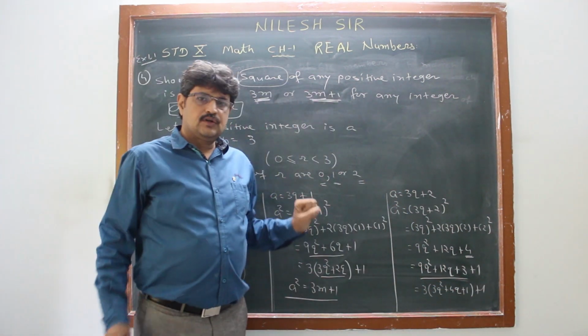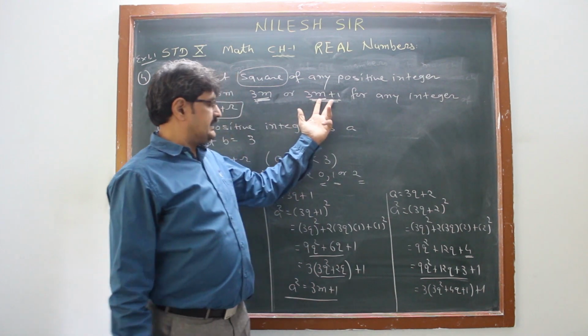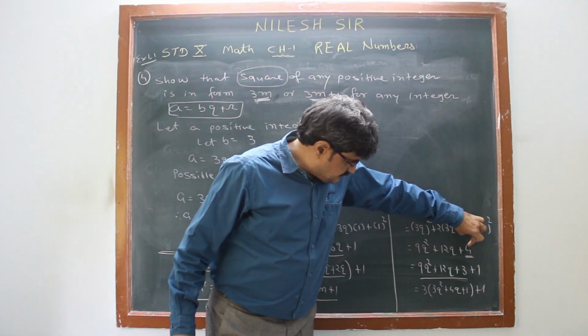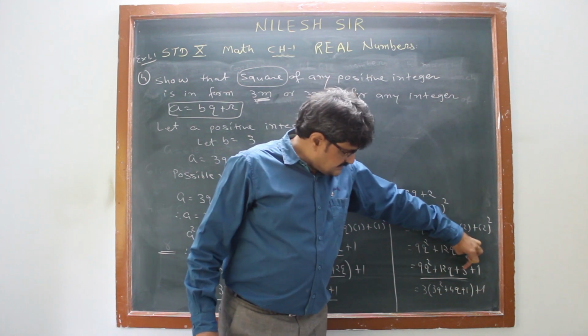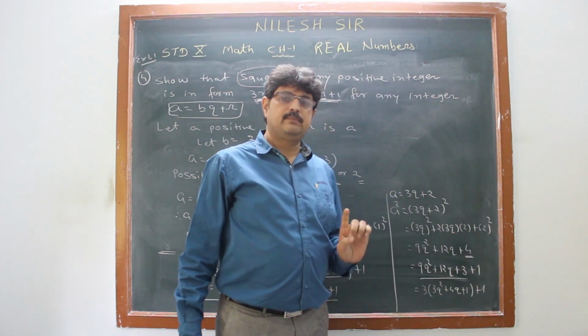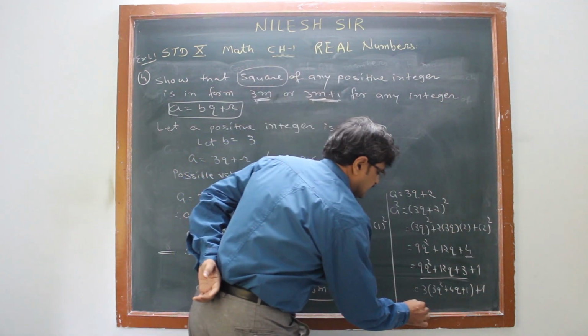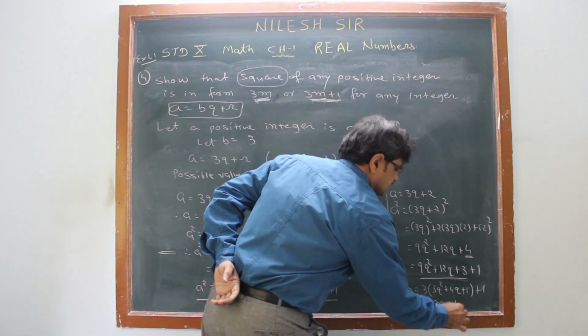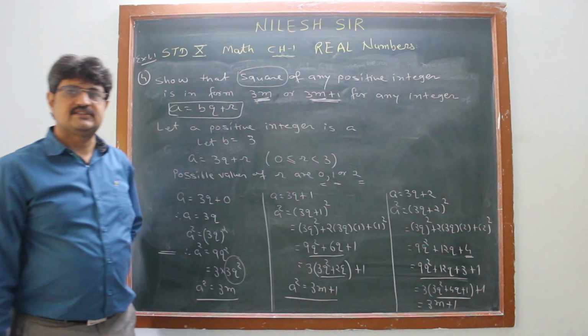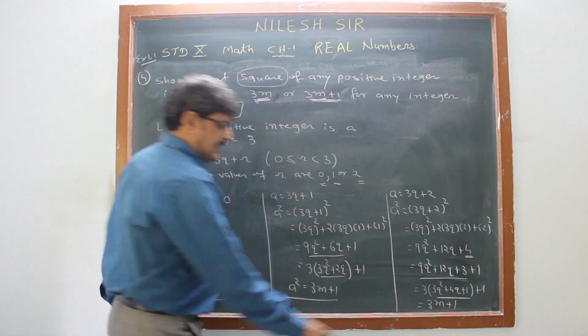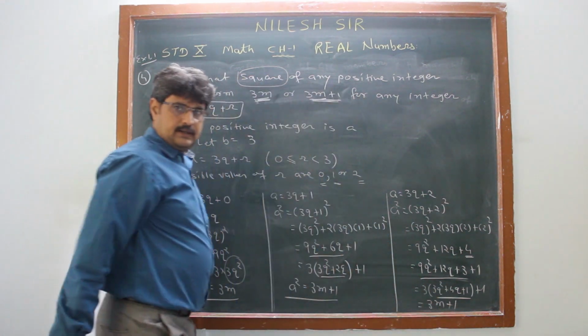By hook or crook, you have to obtain 3m plus 1. So I have split 4 in such a way that I will get plus 1 at last. Again, I will take 3q square plus 4q plus 1 as m, and hence I will have 3m plus 1.